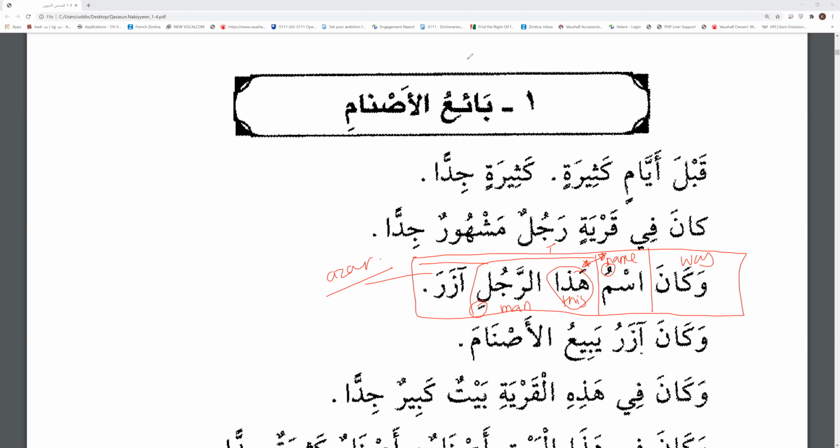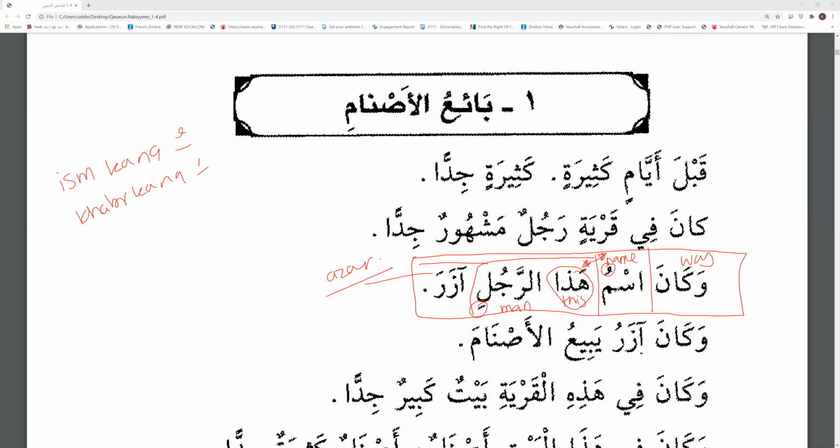That's perfect. Now watch this though. Remember, really quickly, I don't want to go into too much detail. We said every sentence that starts with kana has an ism kana and a khabar kana. And this is going to reflect with dhamma, and the khabar with the fatha. Okay. So now, where is the ism of kana, boys?